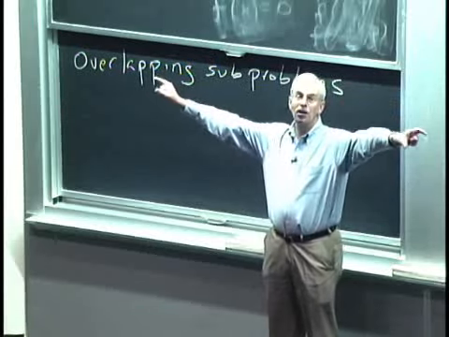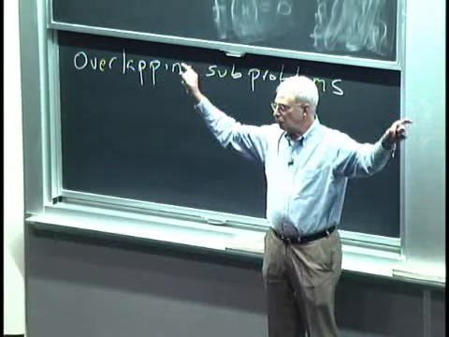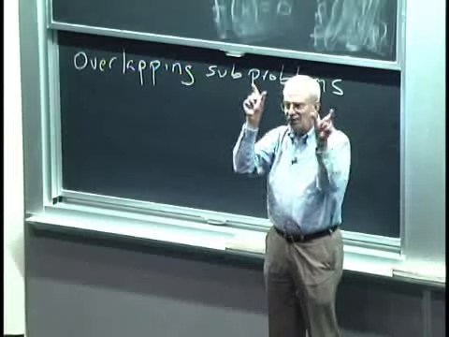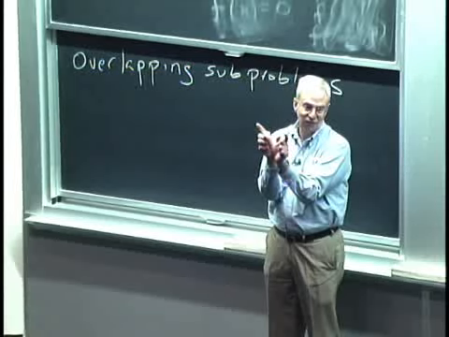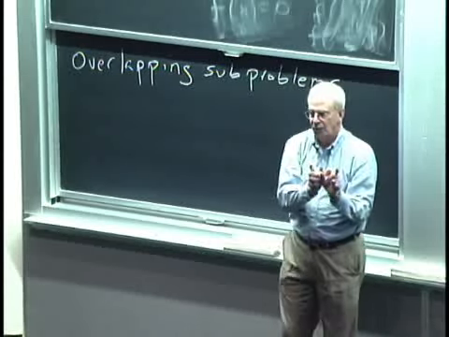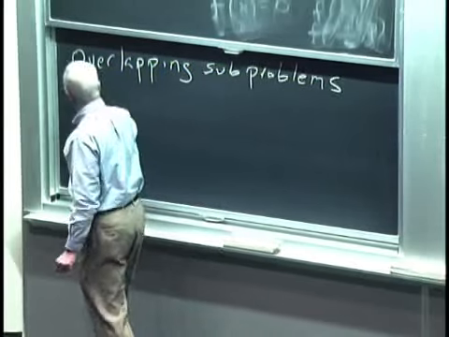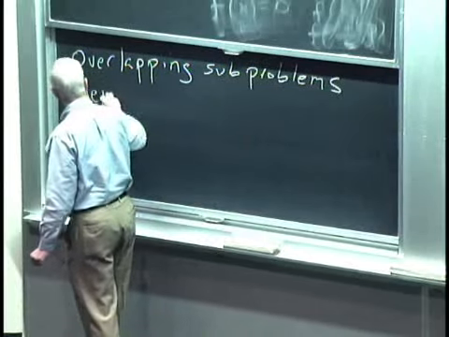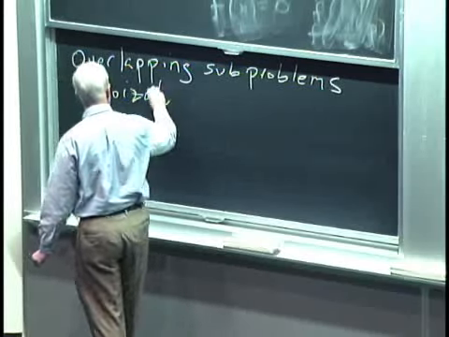Unlike binary search, where each instance was separate, here the instances overlap. They share something in common. In fact, they share quite a lot in common. That's not unusual. That will lead me to use a technique I mentioned again last time called memoization.